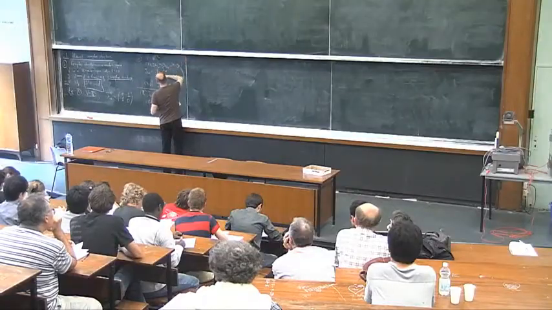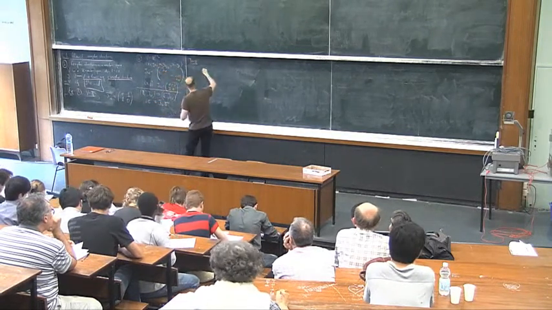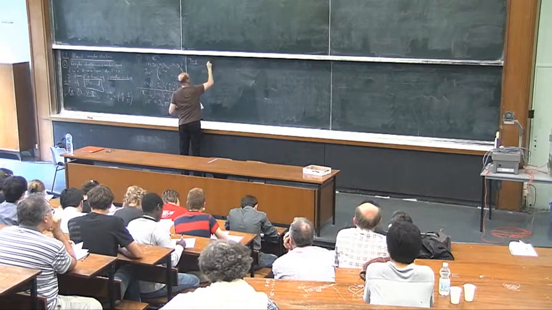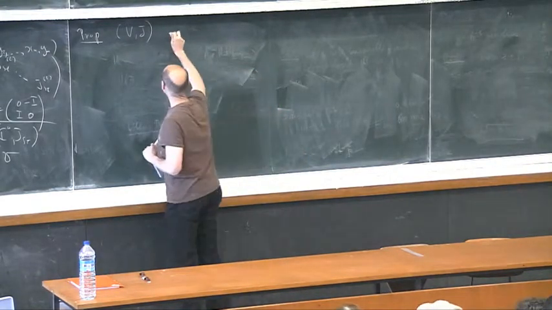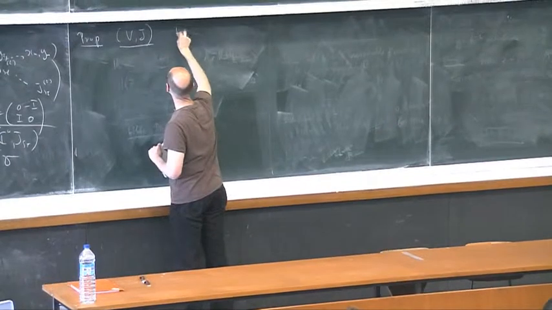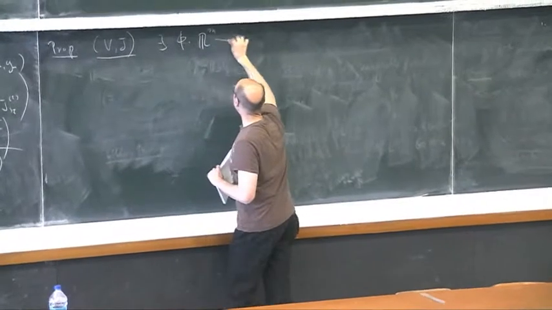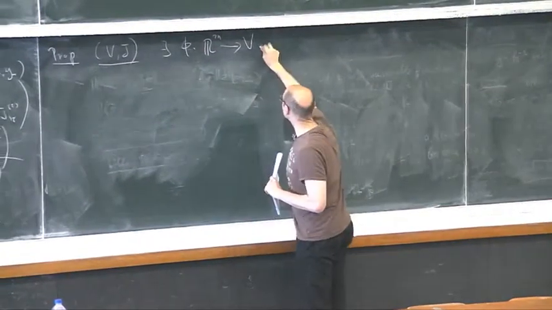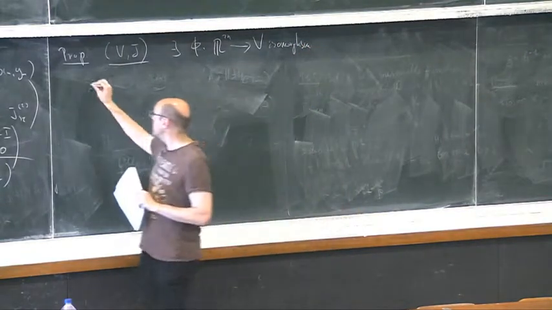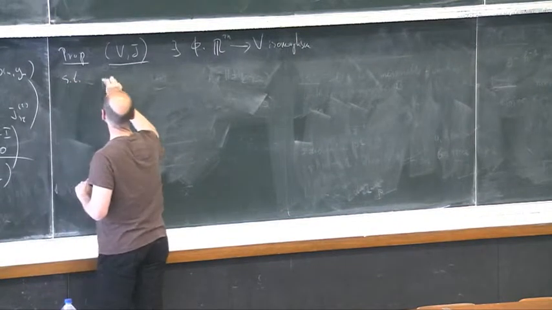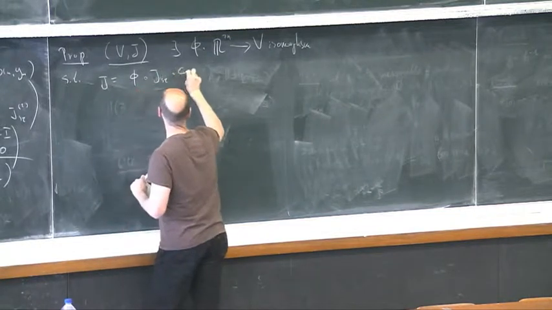So the importance of this example comes from the following basic linear algebra proposition. Suppose that you have any vector space with a complex structure J. Then there exists a map phi from R2n to V, which is a linear isomorphism, such that J is equal to phi J standard phi inverse.